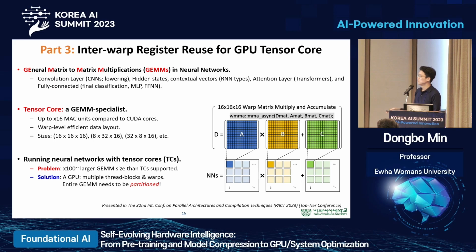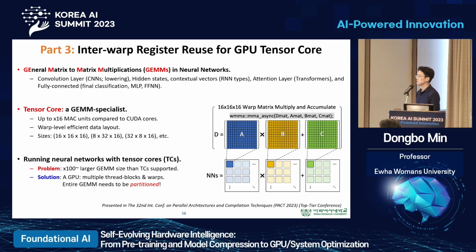For instance, we have A multiplied by B plus C. Many architectures, including convolutional neural nets or transformers, are nothing but matrix-to-matrix multiplication, just linear algebra. But learning the neural net with the tensor core has some problem.